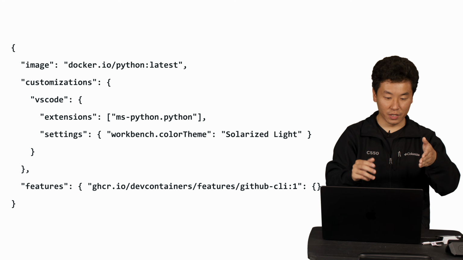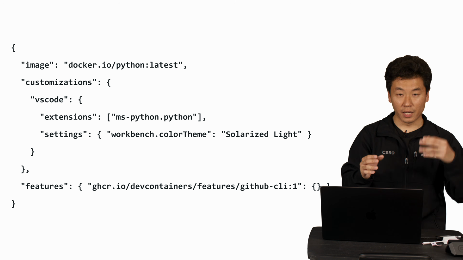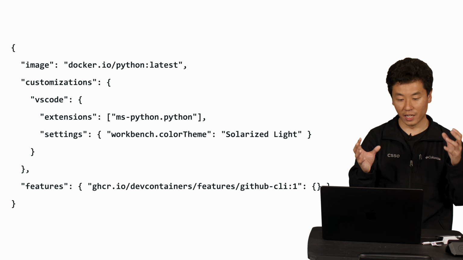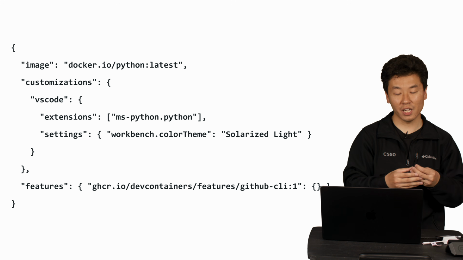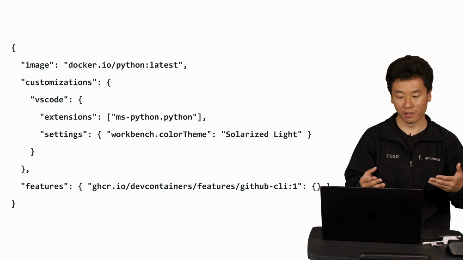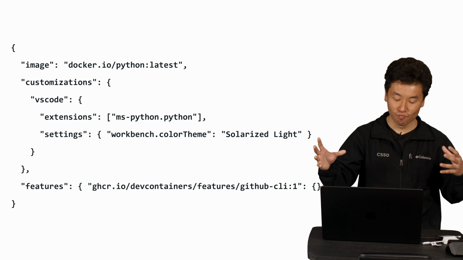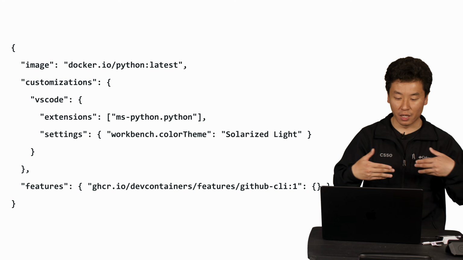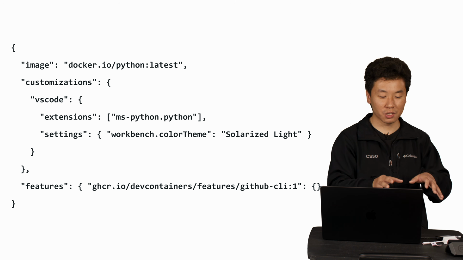As you can see further down, you see the customization field, which means in this devcontainer.json file, you can further customize the behavior of VS Code: what extensions you want this VS Code to pre-install, what kind of settings you want this VS Code to have. That way you can customize the theme, customize the font size, customize whether you want to provide students with IntelliSense, meaning the ability to use code completion.